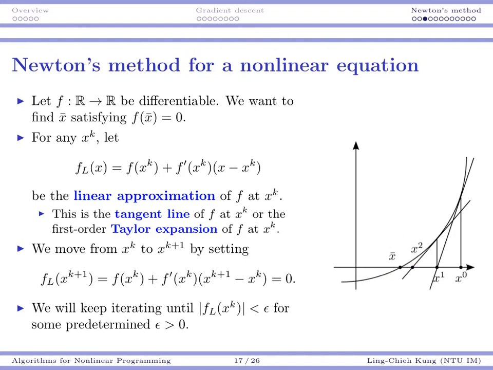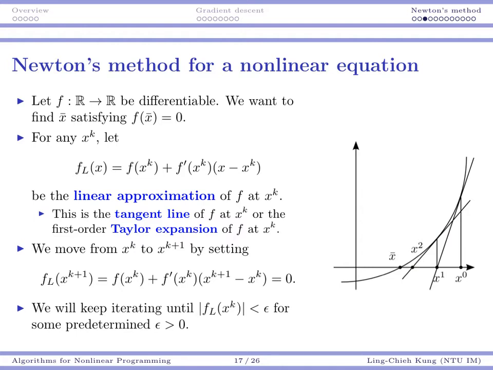So that's the idea. Numerically, what should we do? For any solution xk, I first find the linear approximation of f at xk. This f_L is another function which is this line or this line depending on your xk.